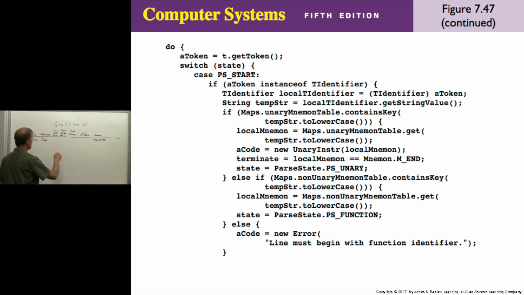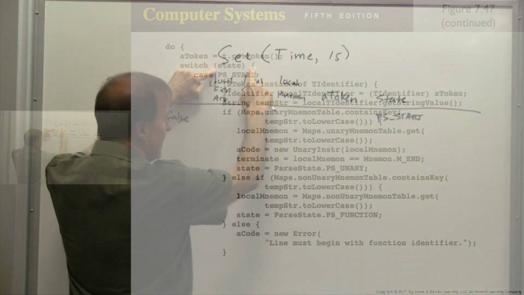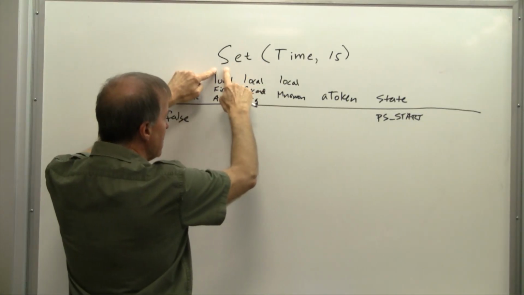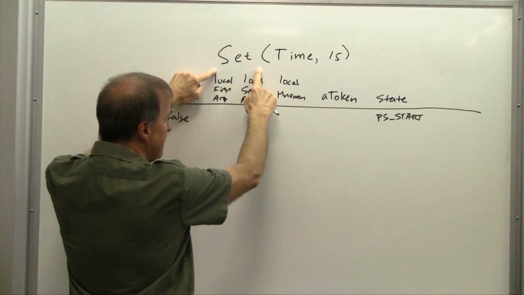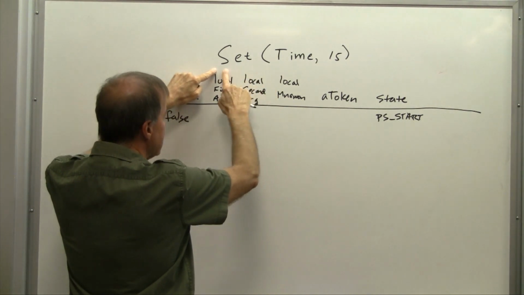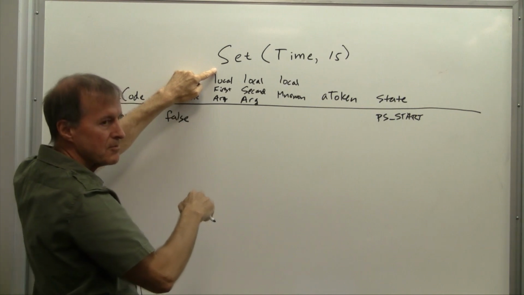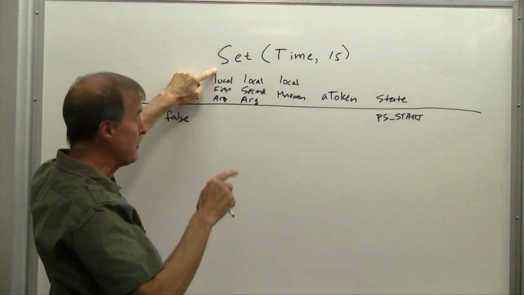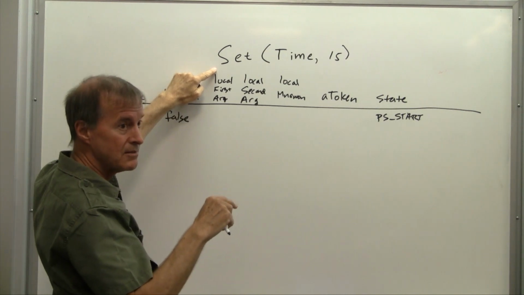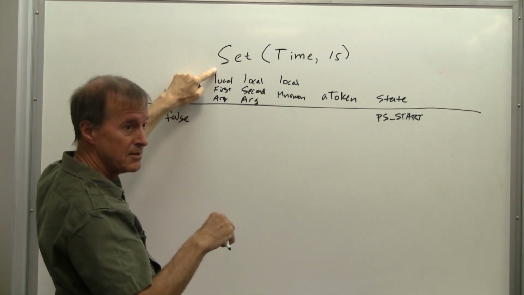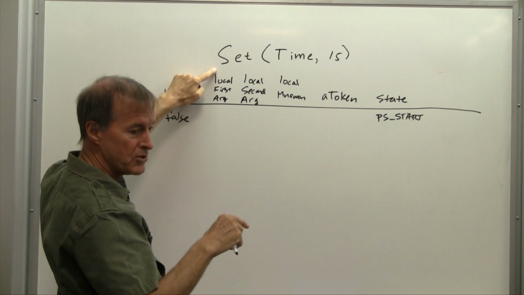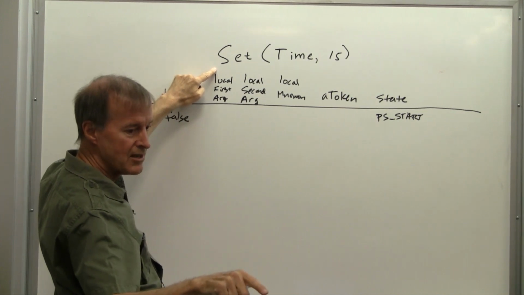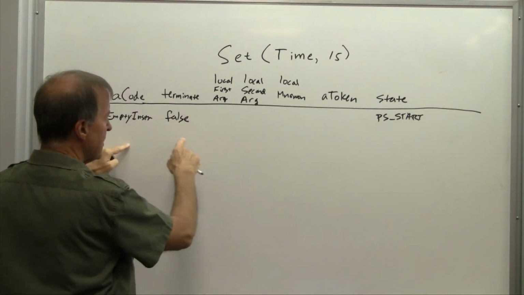Now, what will the next token be here? When the lexical analyzer goes, what token will it return? When it sees this SET, it will return an identifier whose value will be capital S, lowercase et. Are you with me? Okay, so a token gets T dot get token. So here, where's our a token? Here it is.